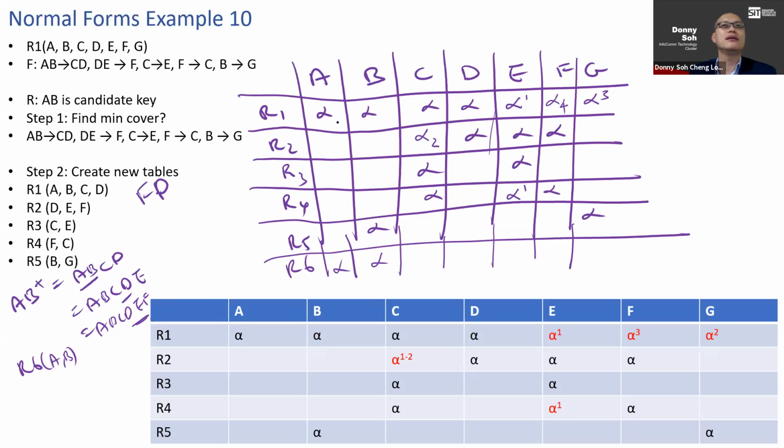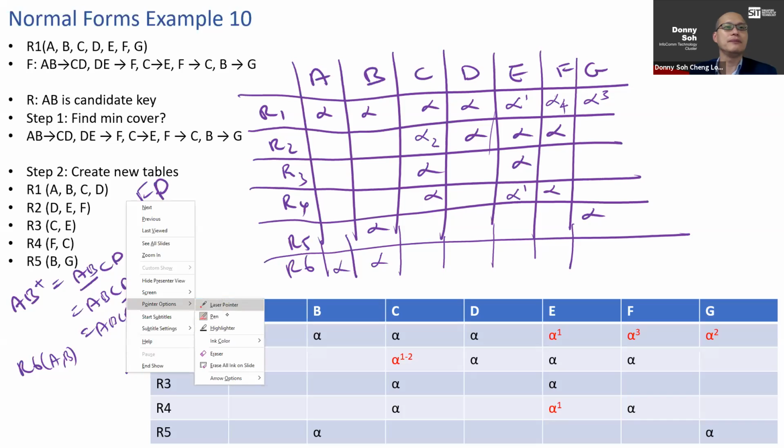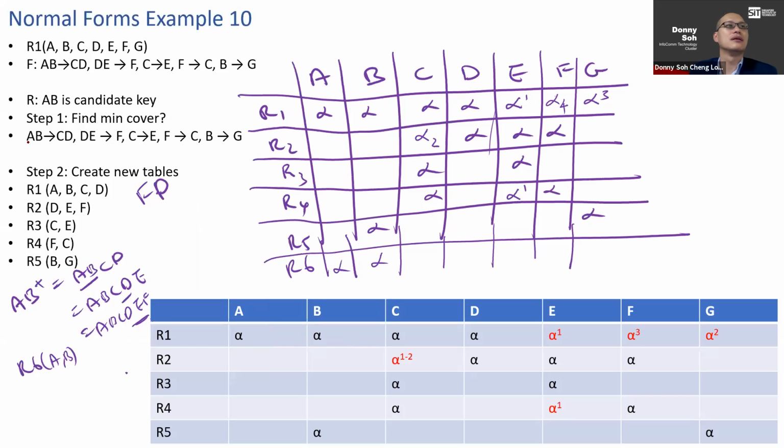So this is quite trivial, but let's do it quickly. Alpha 2-1, because of this line.